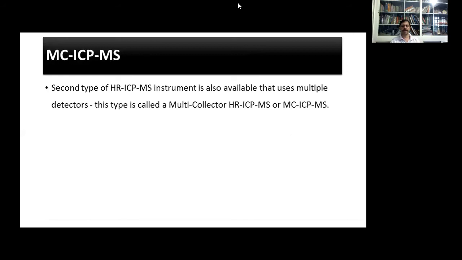We have another specialized ICP-MS which I mentioned in the types of spectrometers, that is MC-ICP-MS. It is mainly used with multiple detectors. That is why it is called MC, multi-collector. This can also be called multi-collector HRICP-MS or multi-collector ICP-MS.